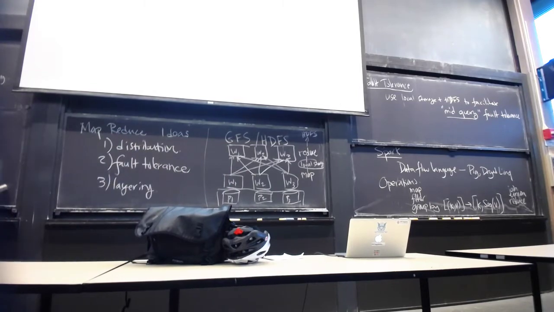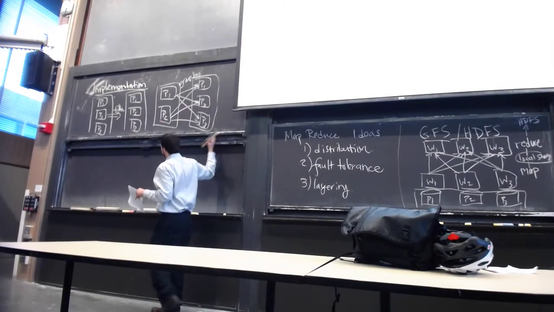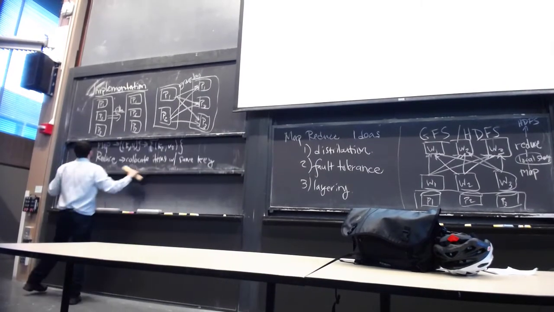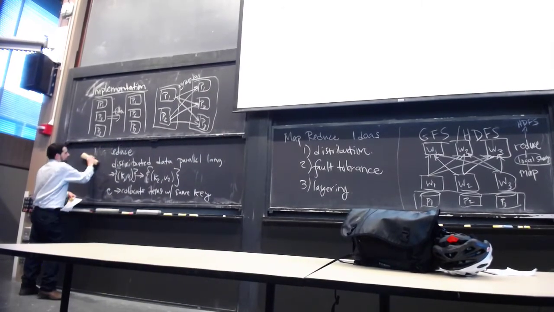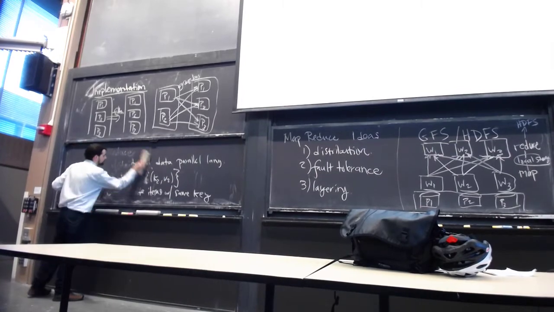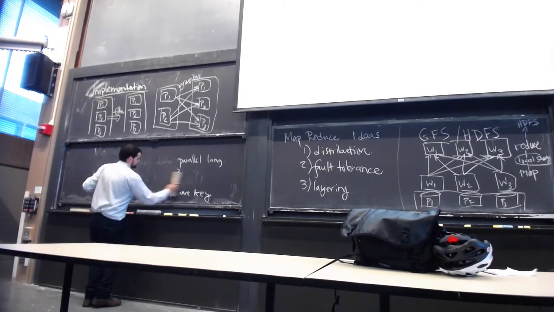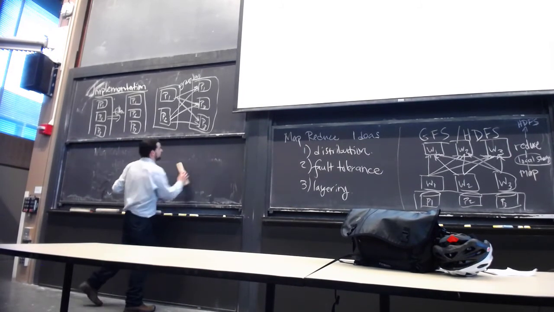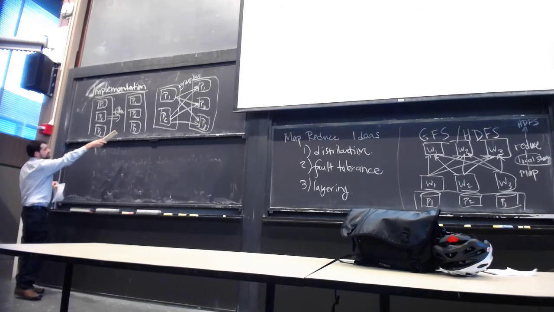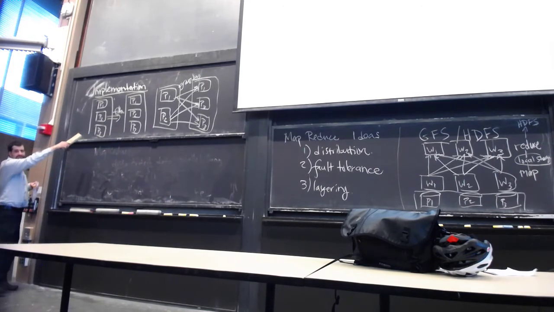They have a different way of doing this in Spark, which is based on these resilient data sets. The observation is that every one of these outputs here depends deterministically on some input.